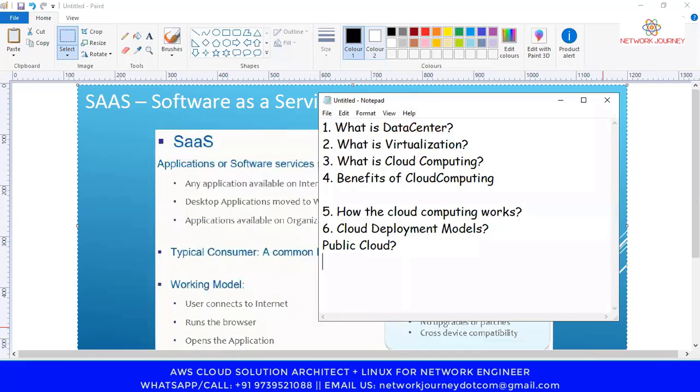In parallel, I'll note down what we learned today. Today we learned how cloud computing works and what the deployment models are: public cloud, private cloud, hybrid cloud, and community cloud. And then we learned the types of cloud services.